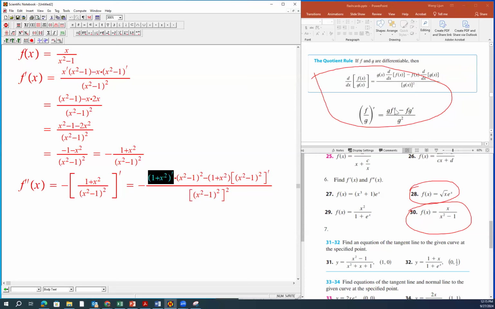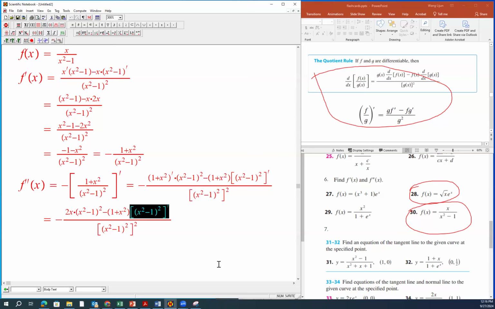Make sure that this step is done correctly before you proceed, because if you don't do this step correctly, the rest is not going to be right. This step is decisive. This piece is 2x. How about that? How do we differentiate this piece?